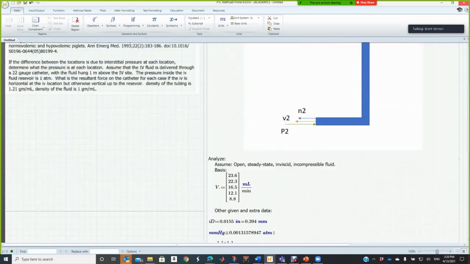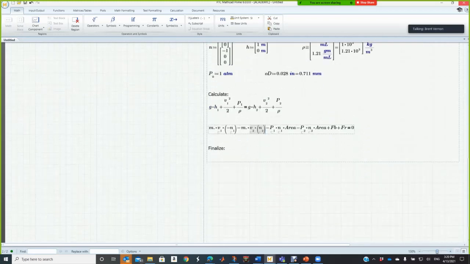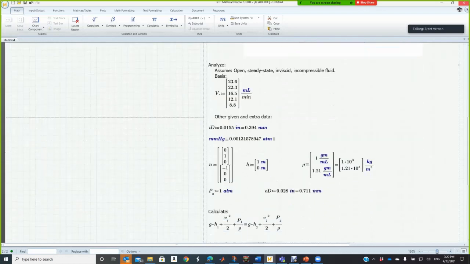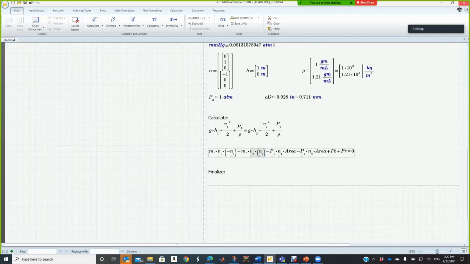Now you can imagine if this needle were not horizontal, maybe it was at an angle, then you could use a unit vector with a length of 1 at that angle. It'd be nice if you gave me some problems where there's an angle, so you have multiple components in this unit vector.